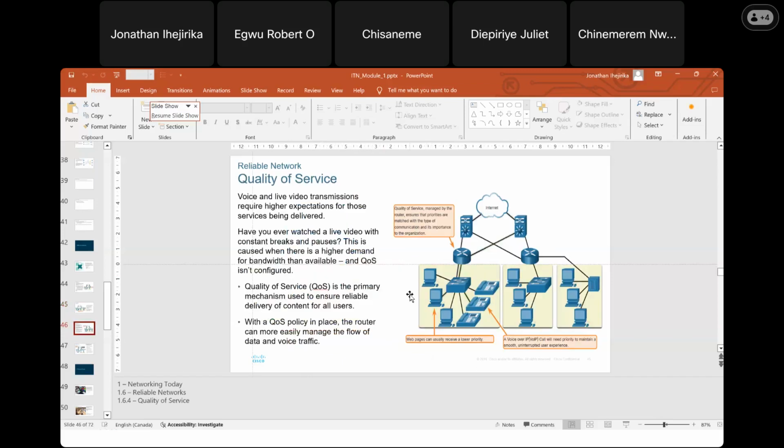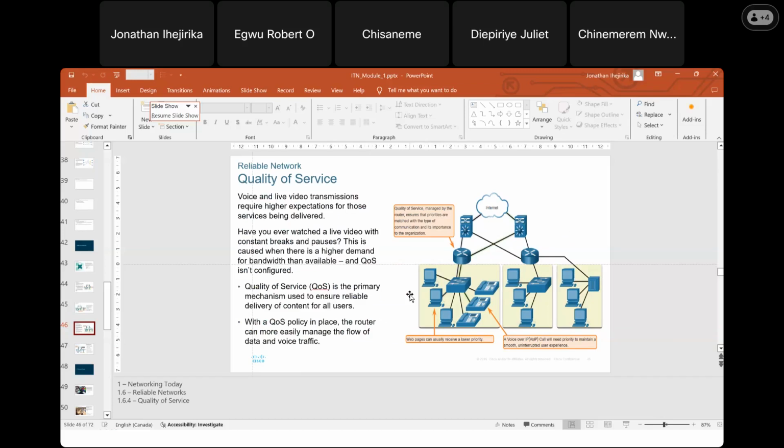So, the quality of service. Voice and live video transmission require higher expectations for the services being delivered. Have you ever watched a video with constant breaks and pauses? In our normal language, we say the video is cracking. This is caused when there is a higher demand for bandwidth than is available, and the quality of service isn't configured.